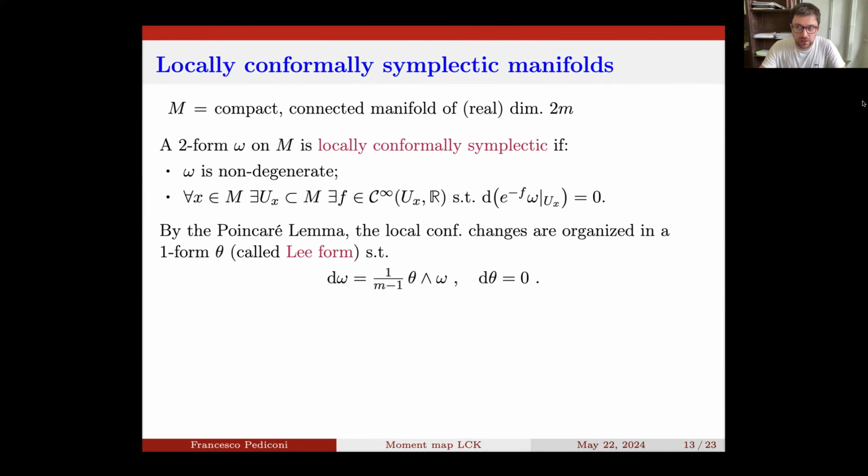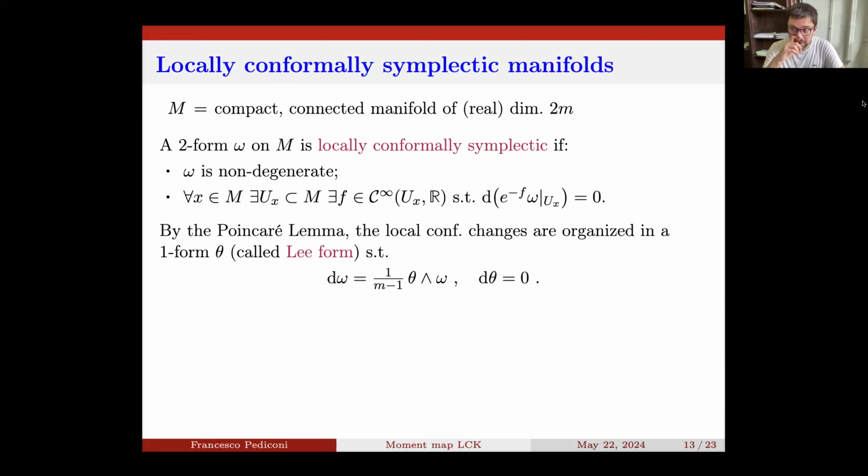Well, there's another way of writing this condition. Indeed, by using the Poincaré lemma, you can organize these local conformal changes into a globally defined one-form, which is called the Lee form. And being locally conformally symplectic turns out to be equivalent to solving this equation here.